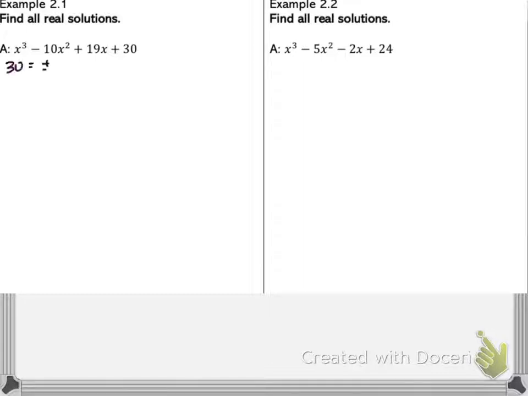That's going to be positive and negative 1 and 30, positive and negative 2 and 15, positive and negative 3 and 10, and positive and negative 5 and 6. Okay, and remember this is our possible x values. Didn't mean to put 30 there.